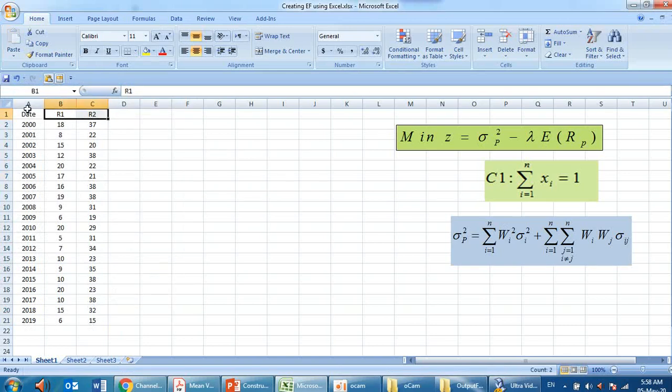Now these are the returns, and this is what I'll be doing. I'll be going for the average returns, the proxy average returns, R1, then R2, then I'll get variance of 1, variance of 2, and standard deviation of 1, standard deviation of 2, just so that I get all the values.